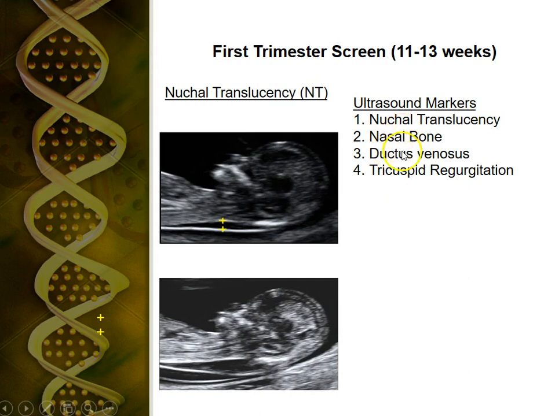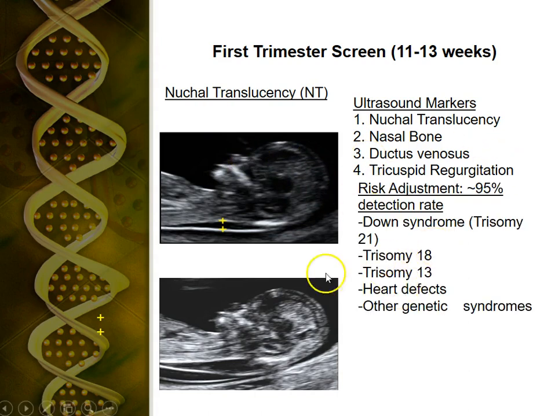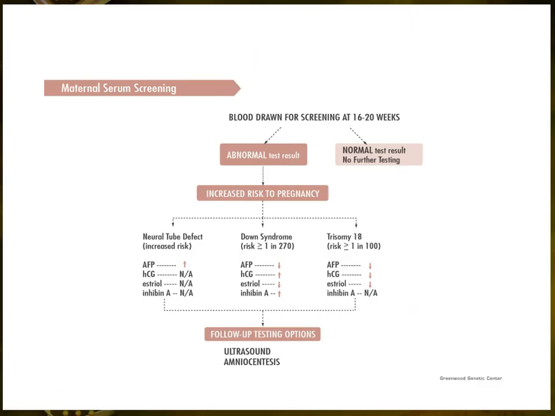One of the most important is nuchal translucency, the absence of the nasal bone, as well as some heart markers such as ductus venosus and tricuspid regurgitation. Here we have an enlarged nuchal translucency, and you can get a 95% adjustment for the risk of Down syndrome, trisomy 18, 13. Look for some heart defects as well as some other genetic syndromes.